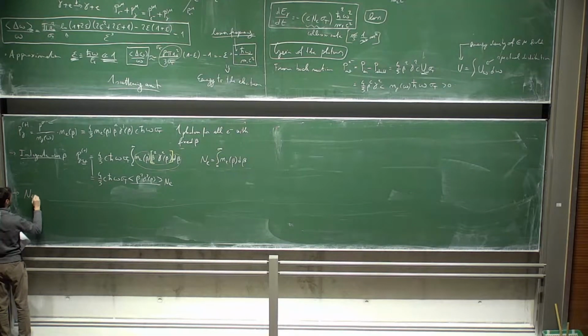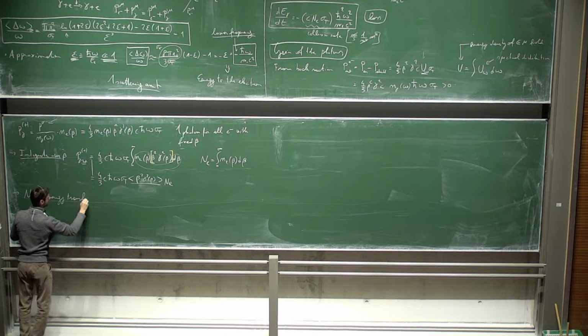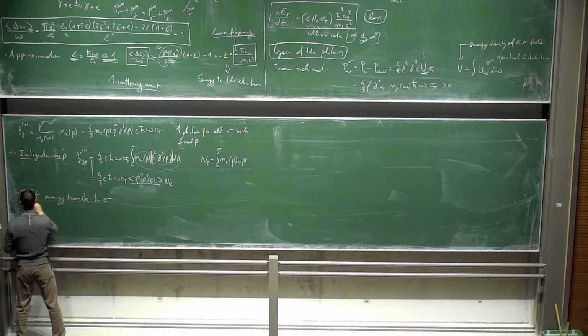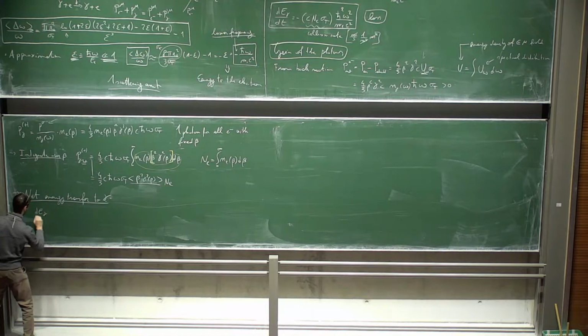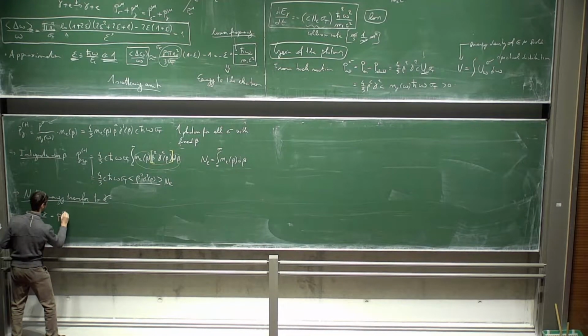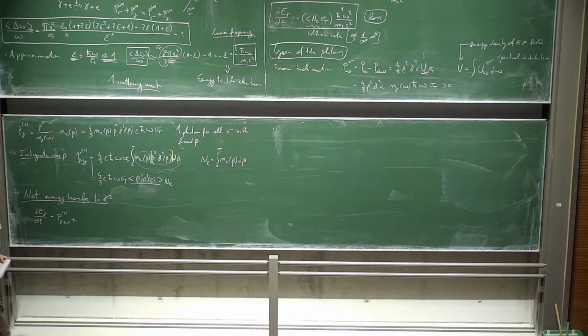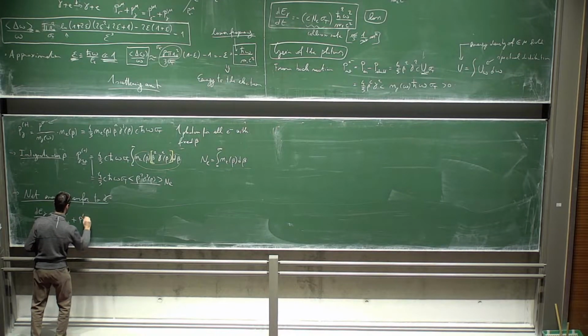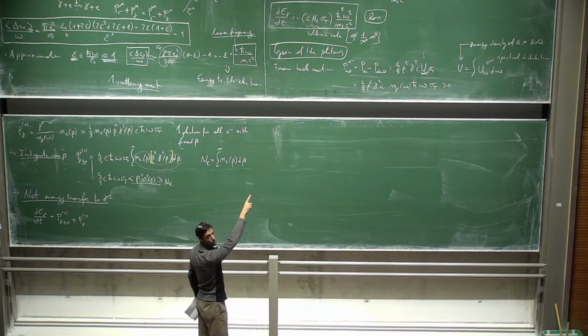So the net energy transfer to the photons, dE gamma over dt, that's the total one, is going to be equal to the one that is gained by the photons, P gamma total plus, plus what is lost by the photons, P minus gamma, which is the function up there where I wrote loss.